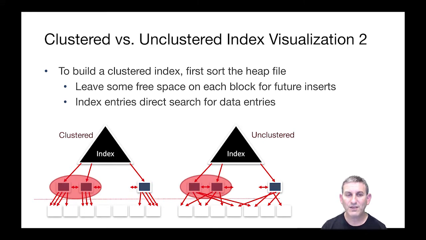On the left, look at the left 2 pages of the index in the clustered case. Notice that all the pointers on those 2 pages are pointing in order. They don't cross, which means that they're pointing to records that are sequential in the heap file. Whereas on the right, we have this sort of crisscross spaghetti of pointers pointing all over the heap file. Another side effect is that on the left, we're pointing to a total of 3 pages in the heap file because the records we're pointing to are all packed together tightly.